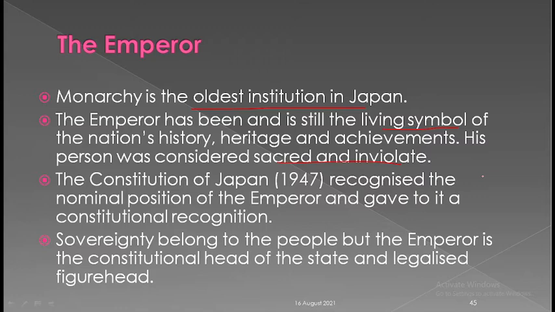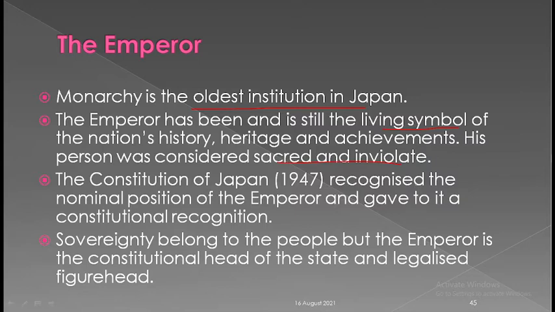It is said that most of the Japanese people still pray every day, turning towards the side of the throne of the emperor. They consider the institution as sacred and inviolate. In short, it is being highly respected in Japan.